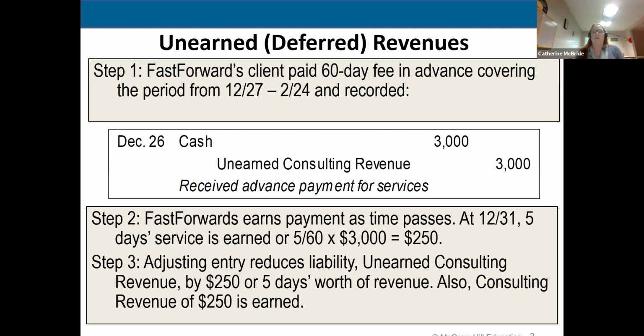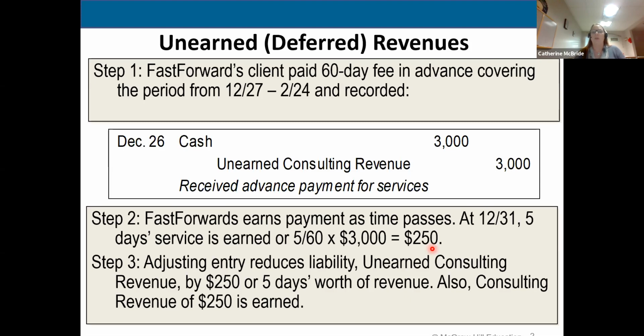So the first thing that we have to figure out is how much revenue we are going to recognize in December. So we have the 27th, the 28th, the 29th, the 30th, and the 31st. So that's 5 days of service revenue. If it's 60 days, 5 out of 60 days times $3,000 means we've earned $250 in 5 days.